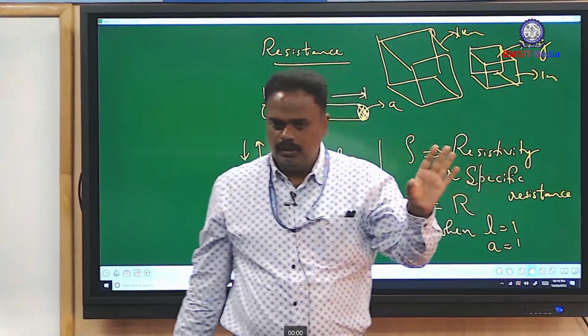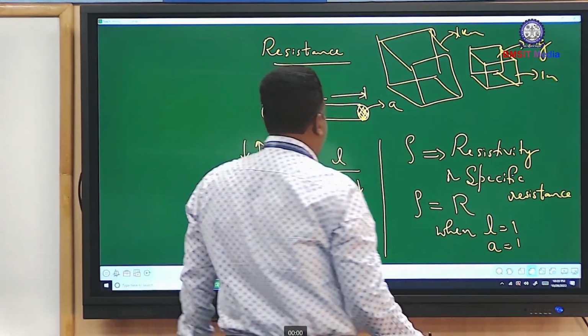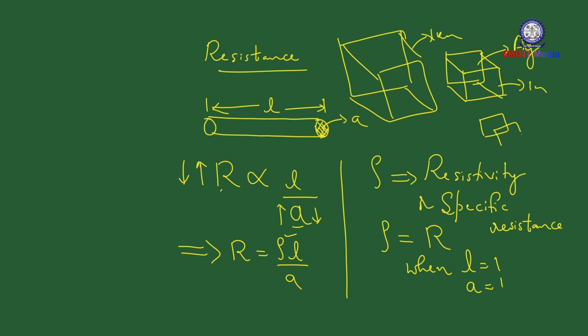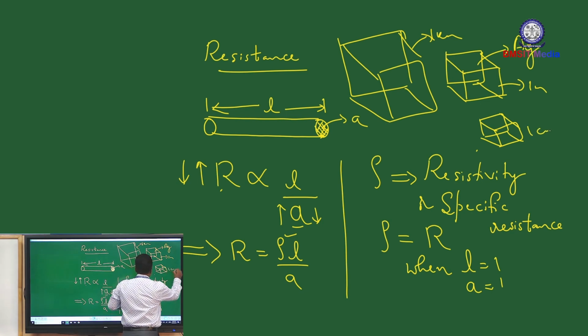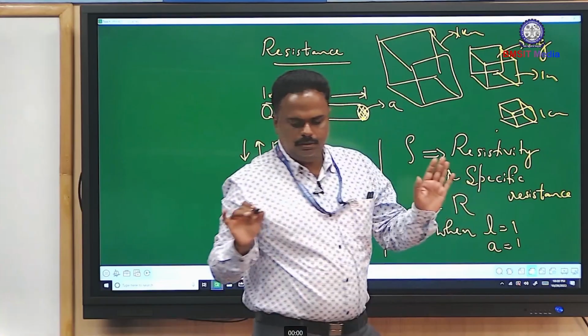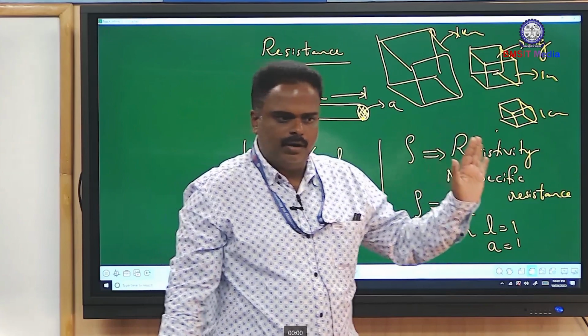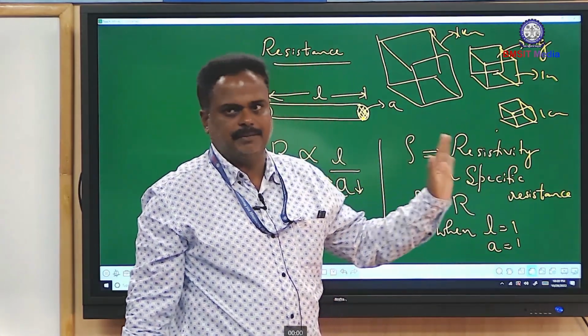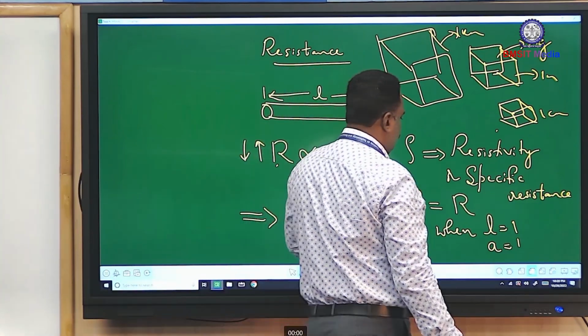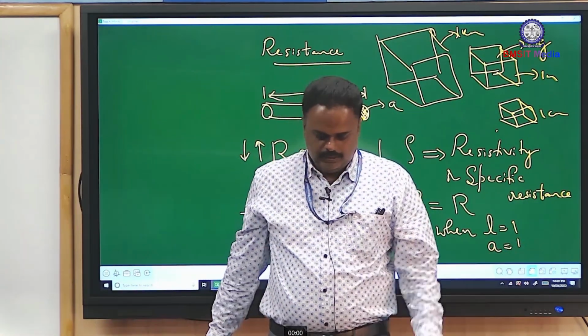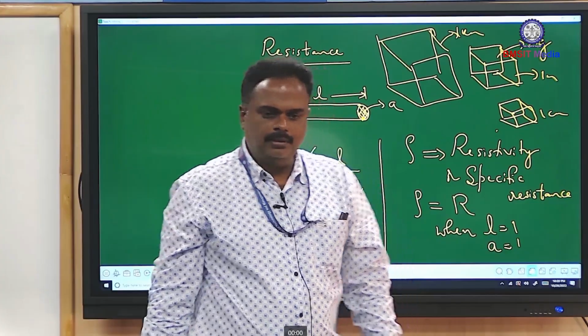Even if you take 1 small centimeter cube of the same material, the resistivity of all of the cubes is same. So this is about resistivity or specific resistance, and it is constant for a given material.